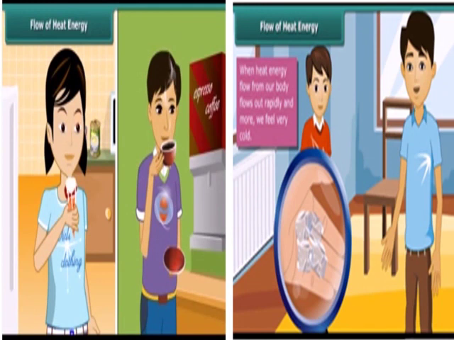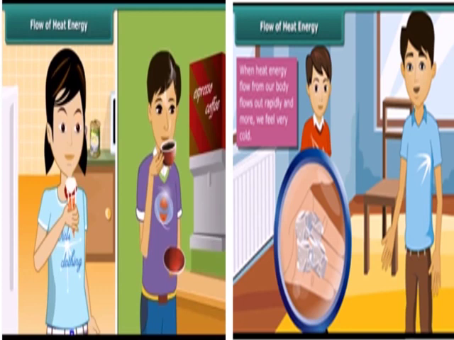Students, you must have held both ice and a hot cup of coffee. Why is it that one you feel cold while the other is hot? When heat energy from our body flows out rapidly, we feel very cold. This is the case when we hold ice. Ice on the palm gives the sensation of cold because heat from your body flows out of your body to the ice.